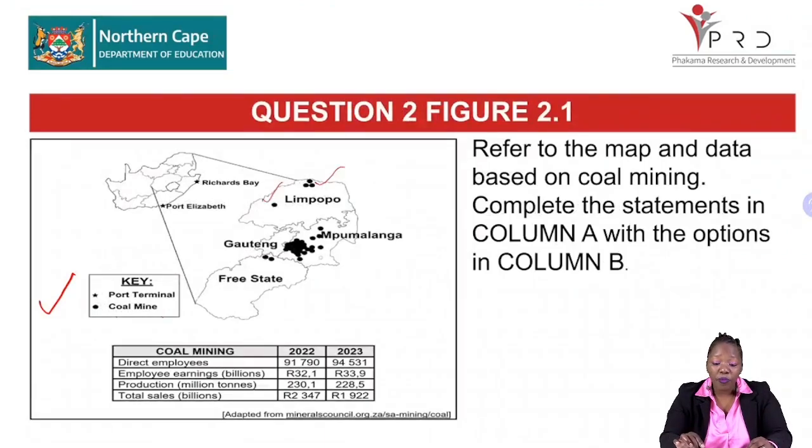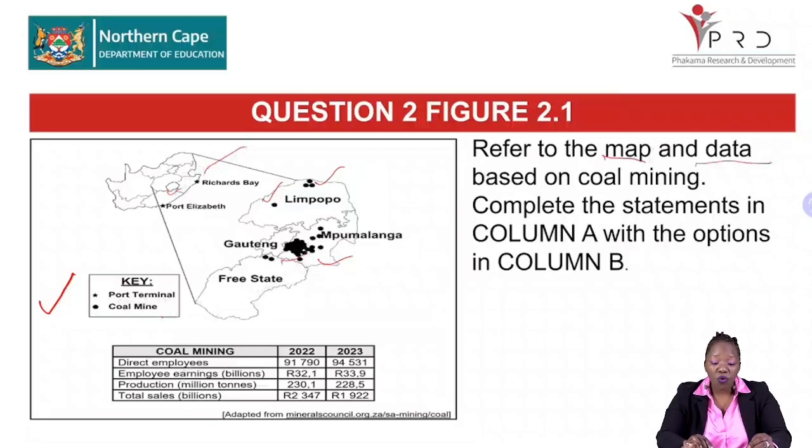Then you are given Mpumalanga. There is a lot of coal mines in Mpumalanga. And then you are given the Free State. There are 2 there. And then you are given a port terminal in Richards Bay and a port terminal in Port Elizabeth. So again, it says the map as well as the data.